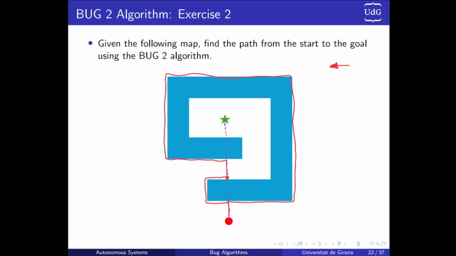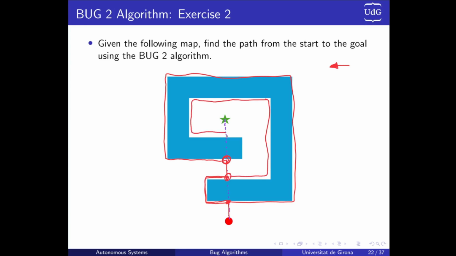But remember that we have left the M line here. Is this point closer to the goal than the hit point? It is not. Then we keep following the obstacle. Again, another point. Is this point closer than this one? It is not. Then we just keep following.